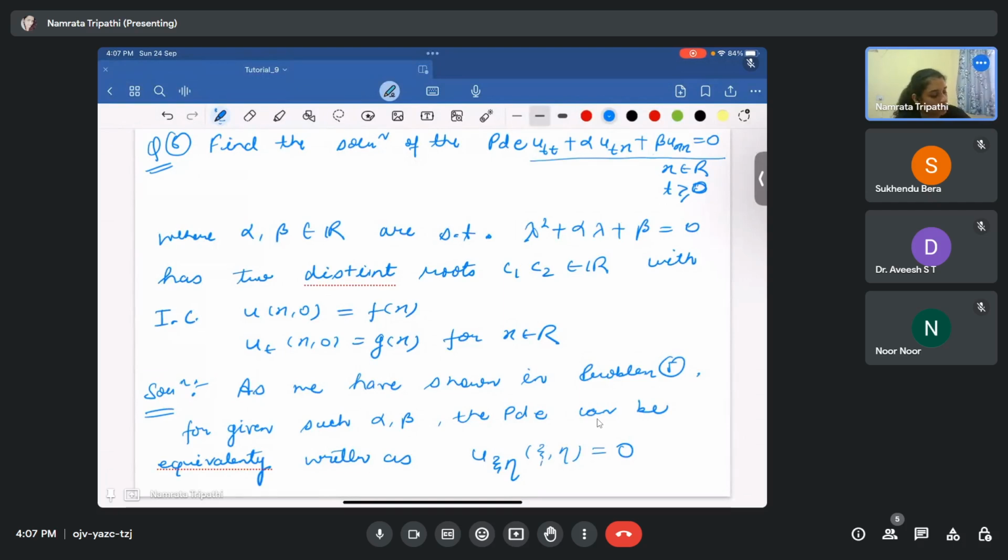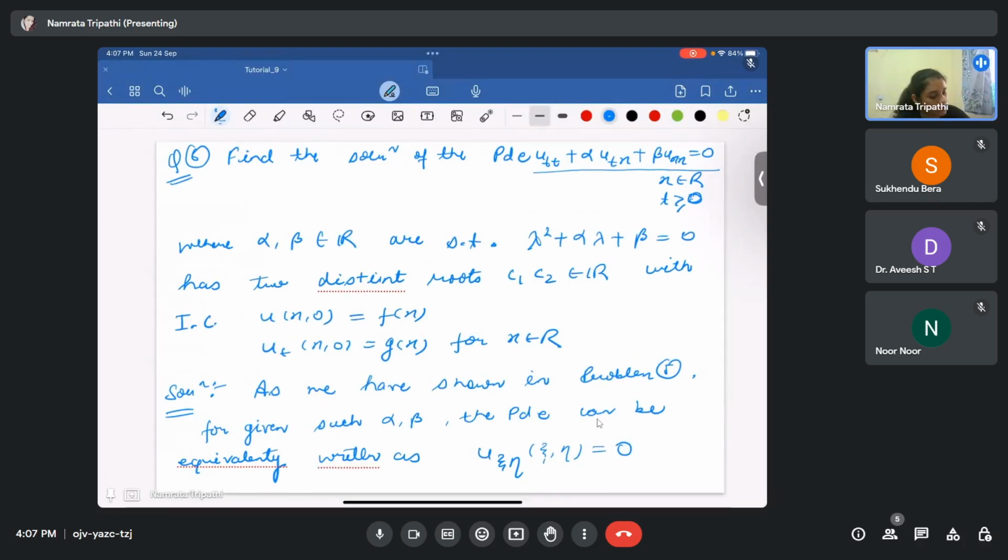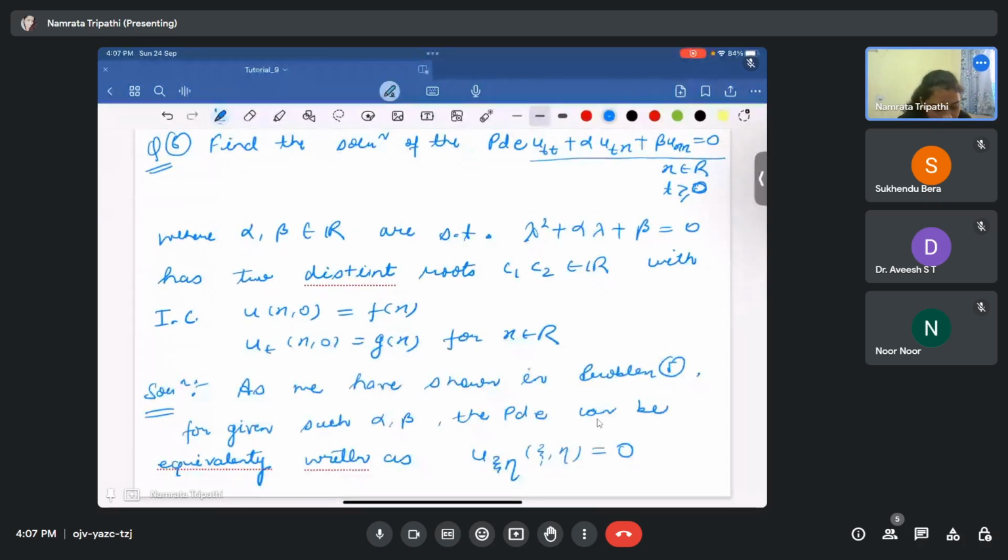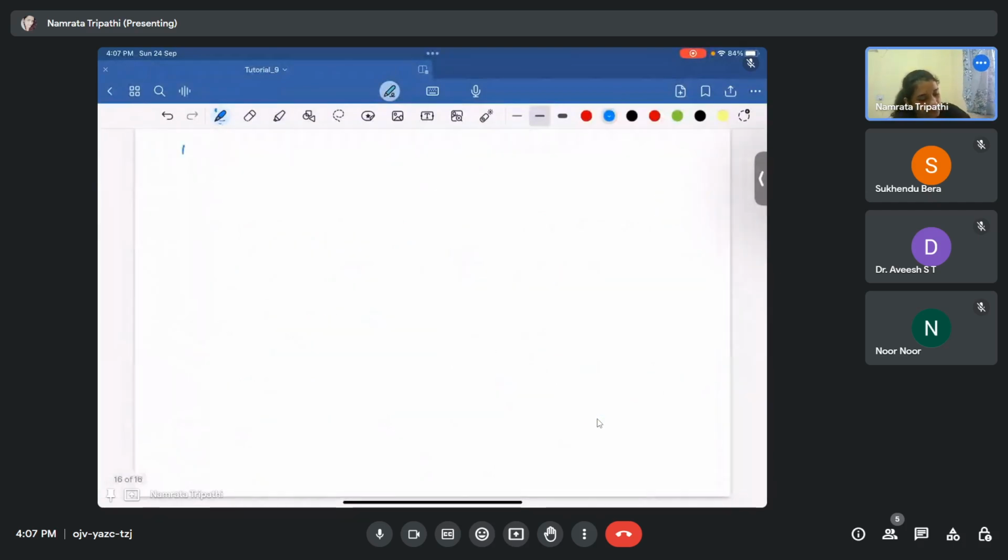Xi is x plus c1t, and eta is x plus c2t. Fine.